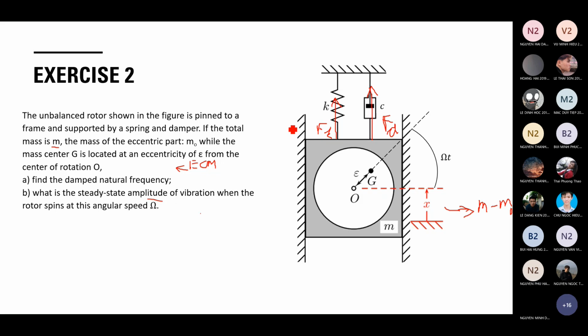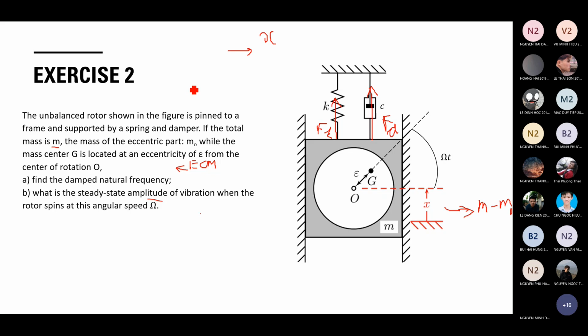And another one is the eccentric part. For the eccentric part, what is the coordinate of the eccentric part?